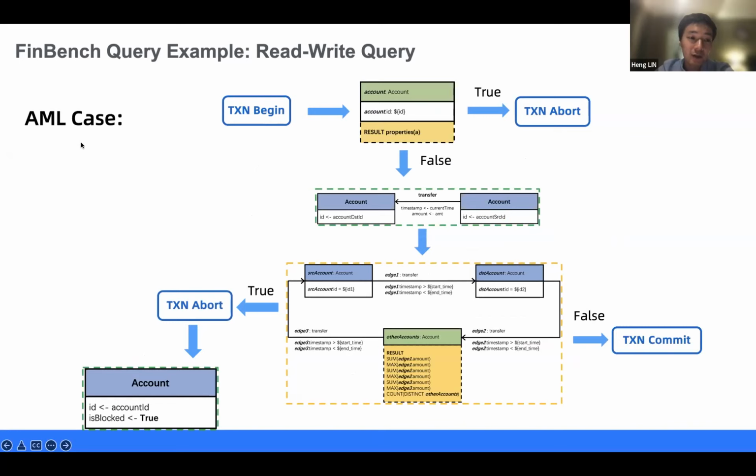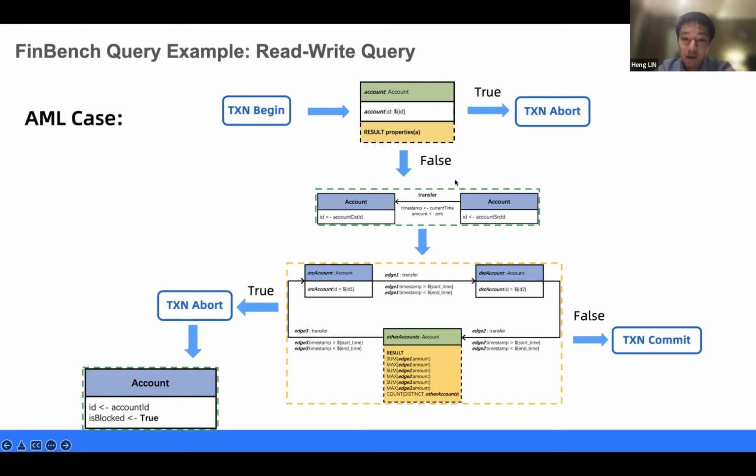Here's an anti-money laundering case. In this query, we have a transaction requirement. First, when the transaction begins, the system will check whether the account is marked as blocked in the blacklist. If true, the transaction will abort.